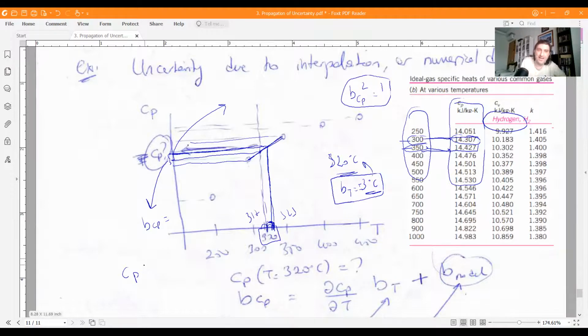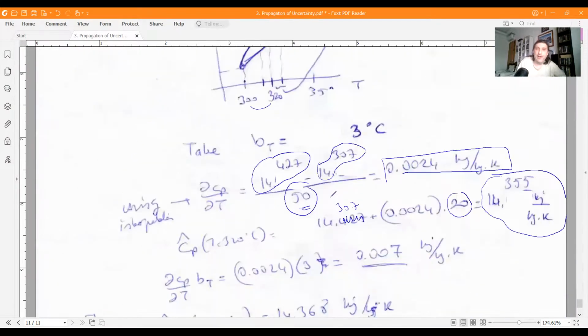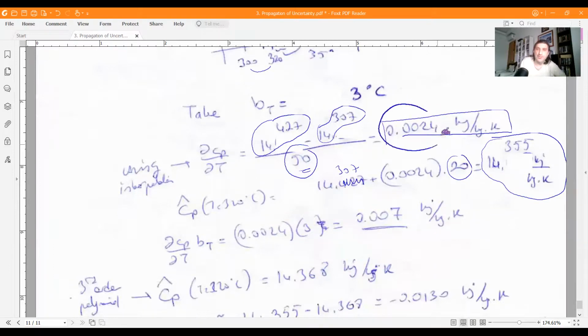And here we assume that Cp is equal to A plus B times T. Therefore, dCp/dT is equal to B, this slope. What we do is we multiply this slope using the delta T value, which is actually the uncertainty in T. And that's all. Since we have found the slope already, which is 0.024, a couple of more zeros, we multiply by 3, and this is the uncertainty related with temperature.